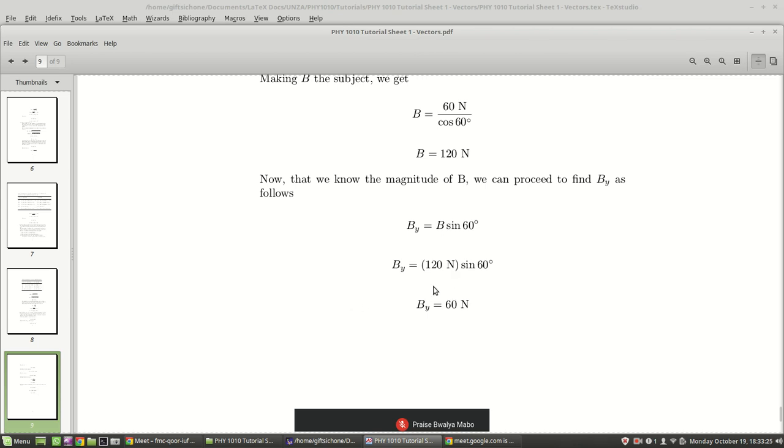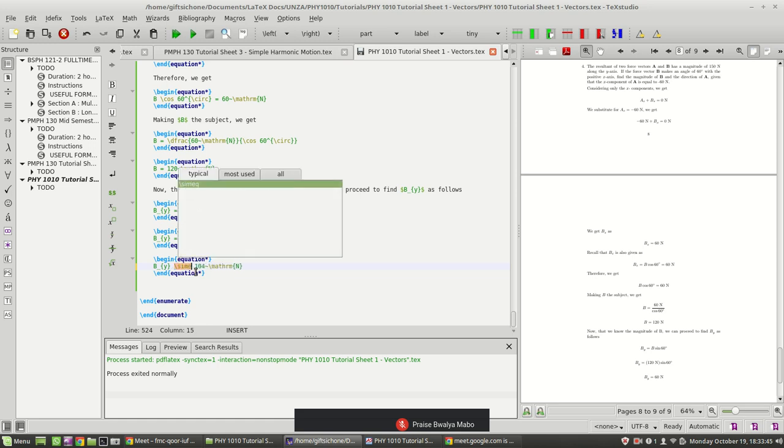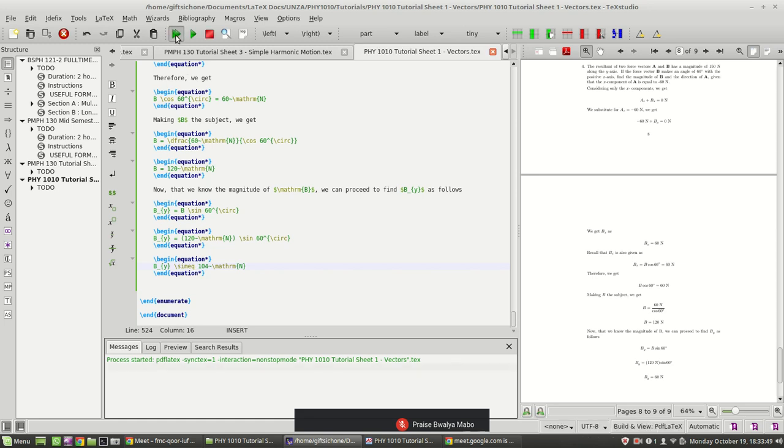Sine. 103.9. Basically, that is 104. Can someone else confirm what has been given?